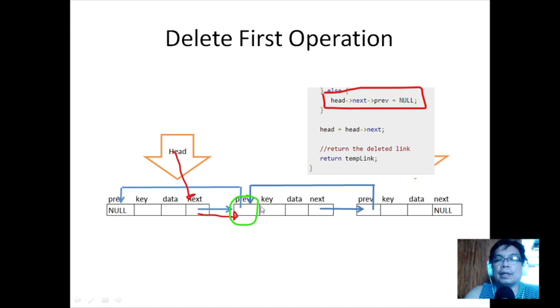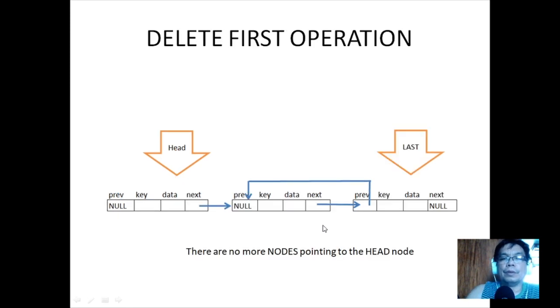We are targeting this portion. So now we have assigned null to this. That means that this is no longer pointing to this node or this link. So there are no more nodes pointing to the head or previous.